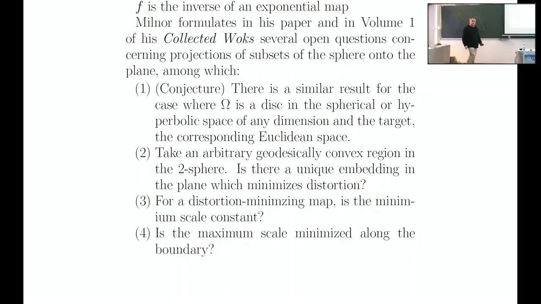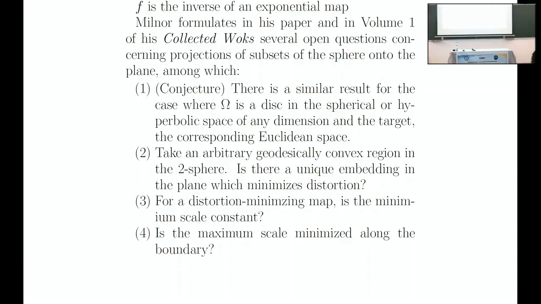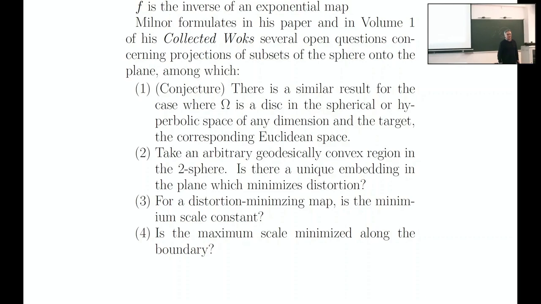What is the least distortion? Is there a least distortion map taking this triangle to this triangle? And this turns out to be a non-trivial problem. It's a difficult problem. In fact, I wrote at least 3 papers on this, even for Euclidean triangles.